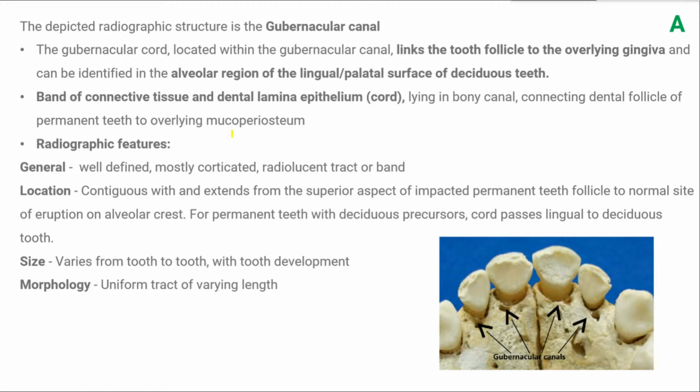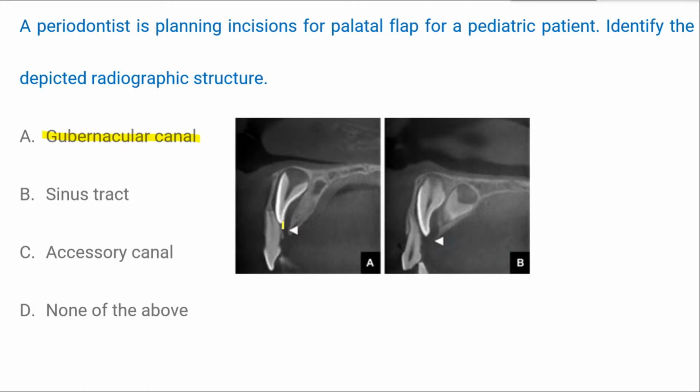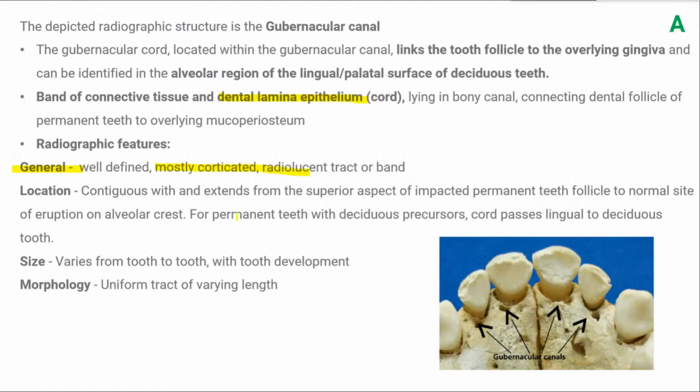It's a remnant of the dental lamina which lies within the canal in the palatal aspects of anterior teeth. Okay, how it looks in the radiograph. Generally, it will look radiolucent and a corticated tract or band will be very clearly visible. You can see in the picture, this radiolucent tract or band will be very clearly visible.